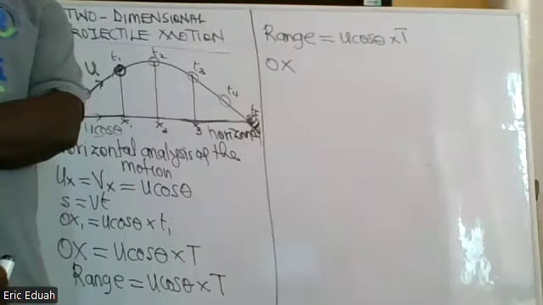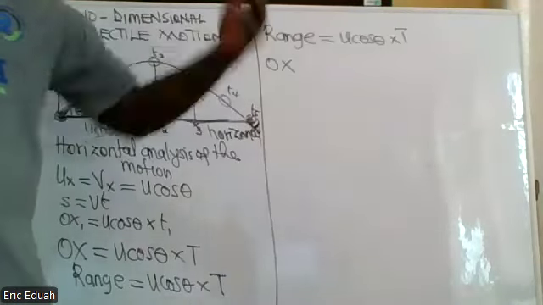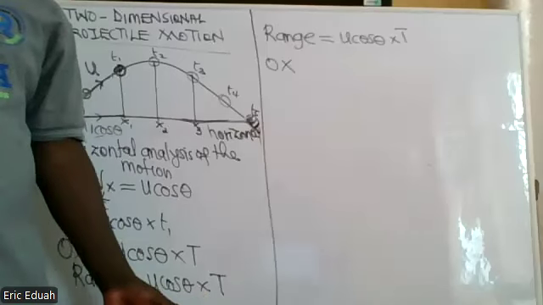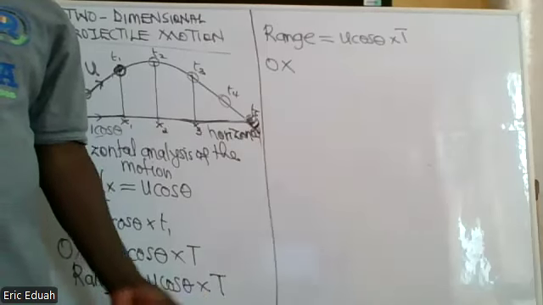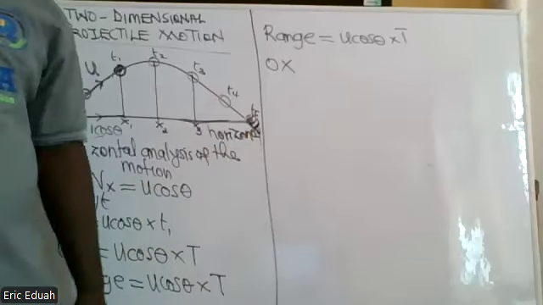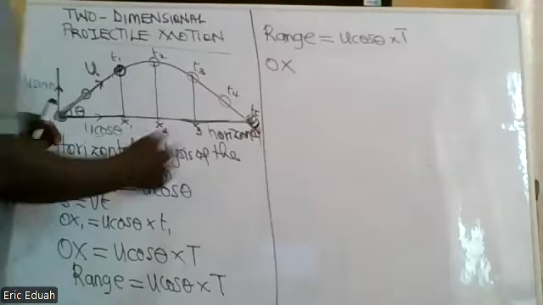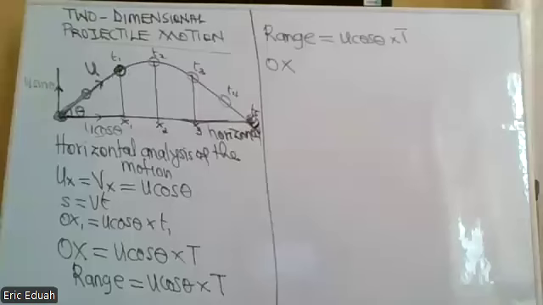The time of flight is the total time taken by the projectile to land on the ground or on the horizontal. So here, our time of flight is T5. T5 is the time of flight.